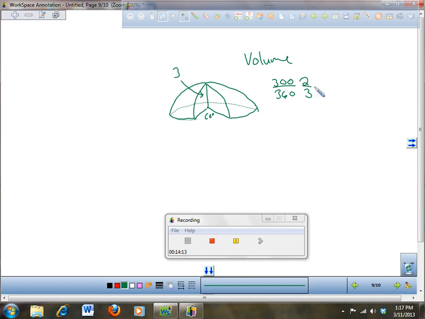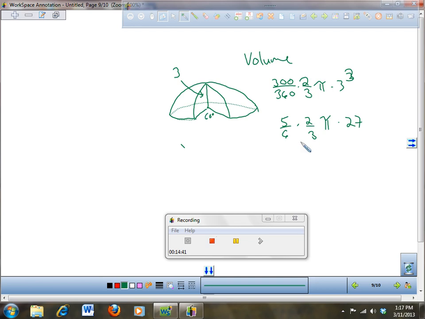Because it's half of the entire sphere, times 2/3 times pi times 3 cubed. So 3 cubed. Can you simplify 300 over 360? Yeah, that's 5/6. So 5/6 times 2/3 times pi times 27.